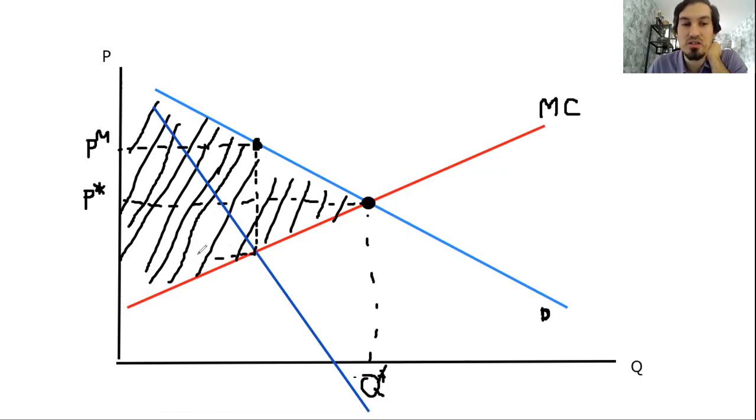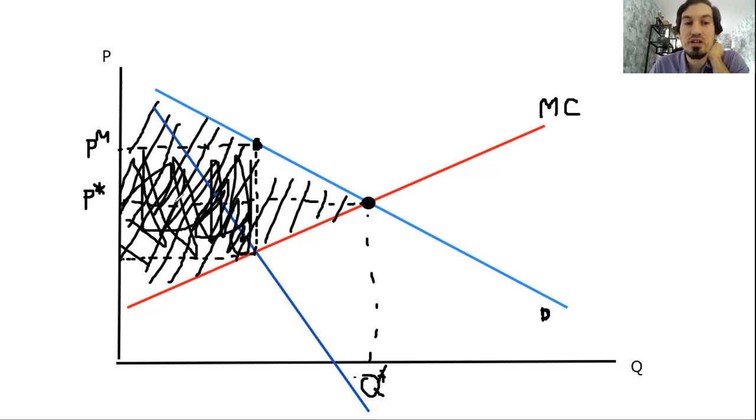This square here is what they get in profit. They're more concerned about maximizing their own profits, so they're willing to charge a higher price and a lower quantity. They're going to provide a smaller quantity of this good, and we can easily see why that's not efficient.